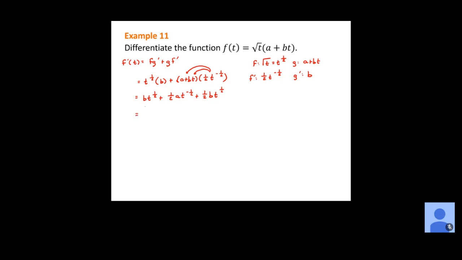If we combine like terms now, notice we've got this b times t to the 1/2 and a 1/2 b times t to the 1/2. We put those together, what do we get?